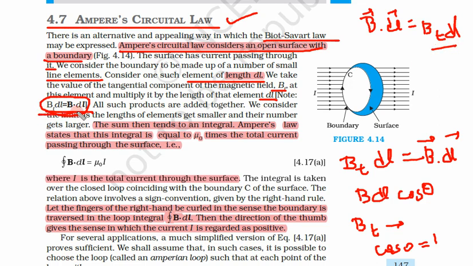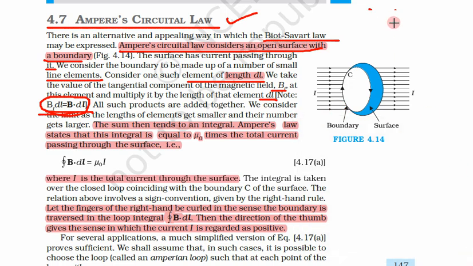The same thing they have applied here. They have taken the tangential component, and with this tangential component they have put this dot product, because only for the tangential component is cos theta equal to cos 0, which is 1. All such products are added together.